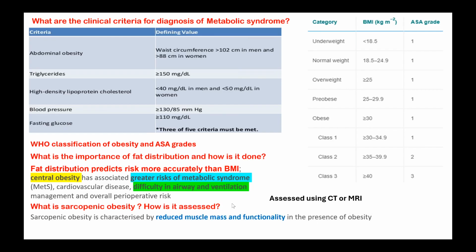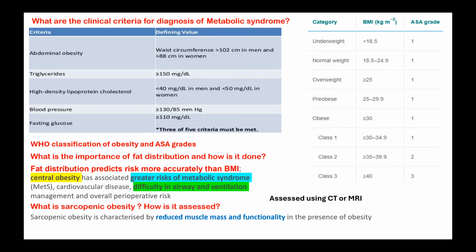How do you assess it? What are all the clinical findings by which you will say a patient is having sarcopenic obesity? Sir, obesity, BMI more than 30, and DEXA scan or CT or MRI for the sarcopenia to be found out, and hand grip strength or other tests for physical performance, chair stand or other tests, sir.